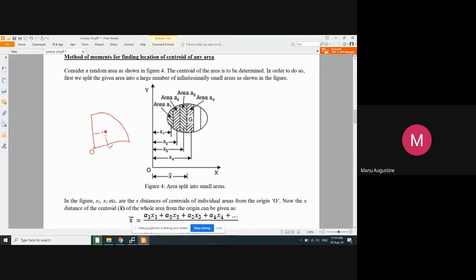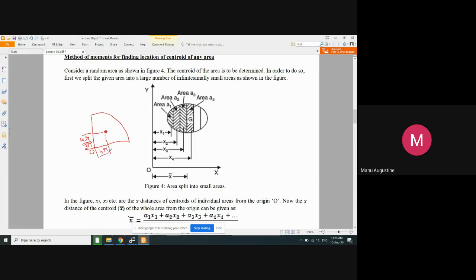You will find that this distance as well as this distance, that means the location of the centroid here, will be 4r upon 3 pi. So this you have to remember, the quantity 4r upon 3 pi has to be remembered by you. This pertains both to a semicircle as well as to a quarter circle.